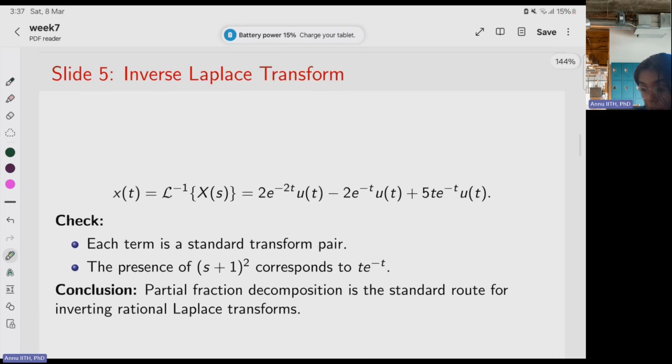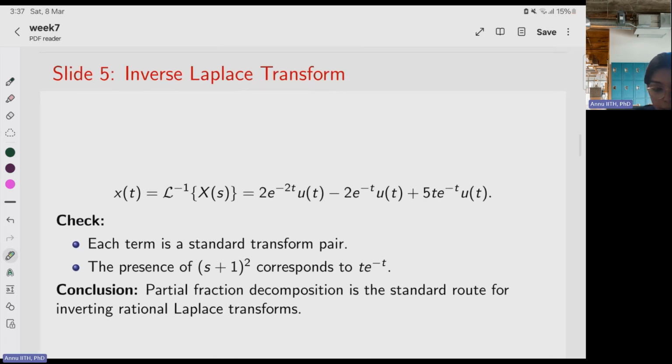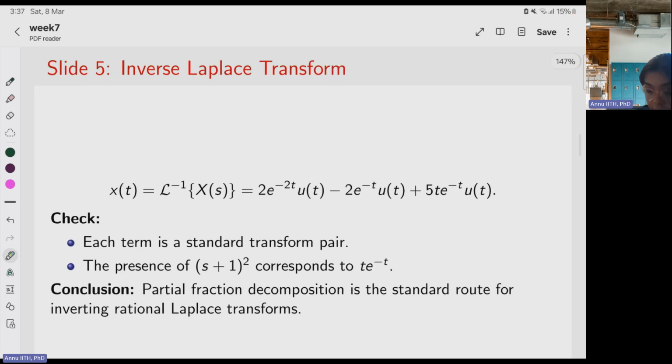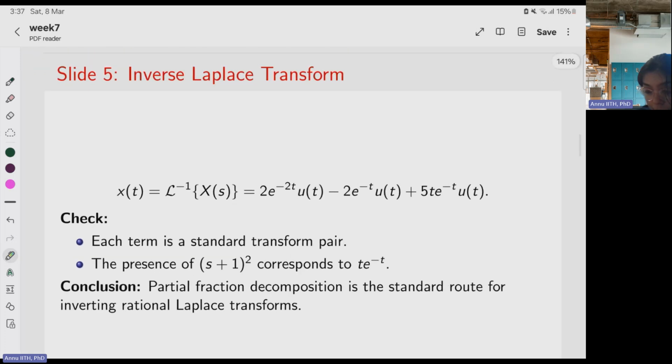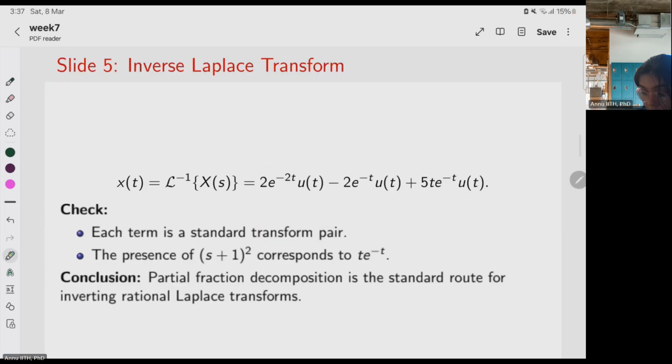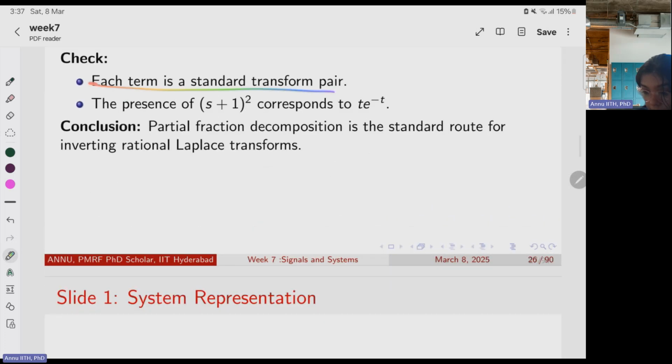Following the inverse transform here, x(t) equals the Laplace inverse of X(s), and simply 2 e^(-2t), because this was A, this was B, this was C. Each term is a standard transform pair.